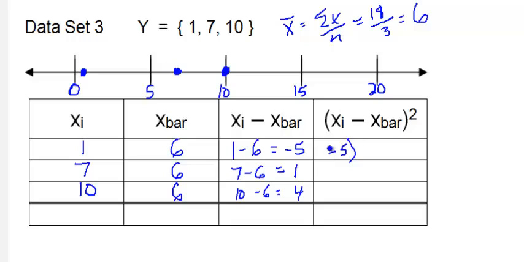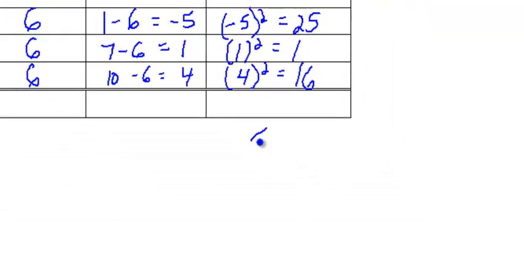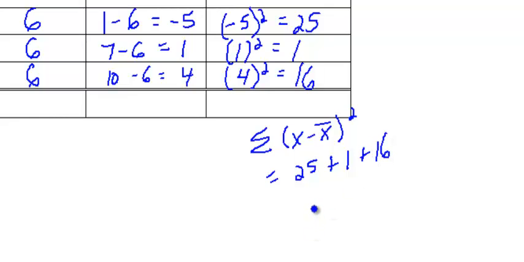Negative 5 squared is 25. 1 squared is 1 times 1, which is 1. And 4 squared is 16.